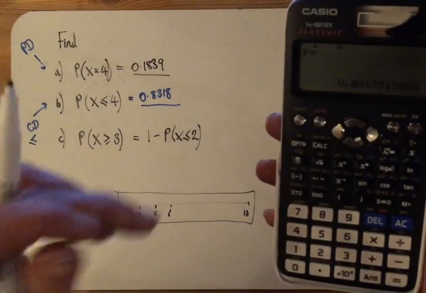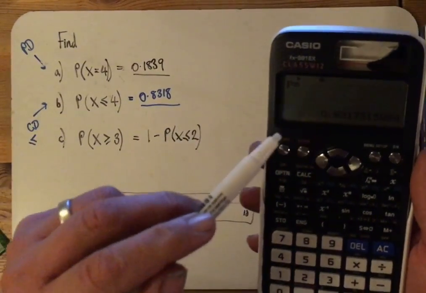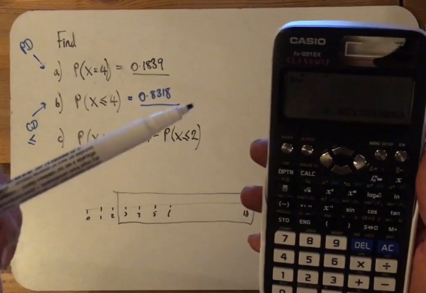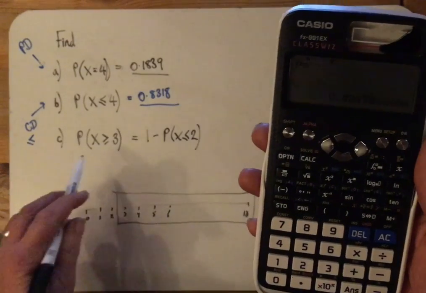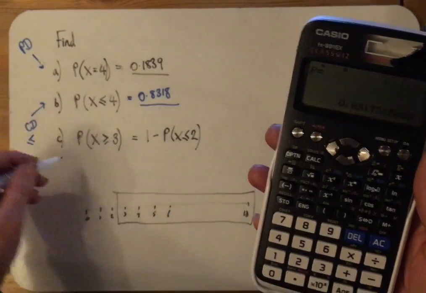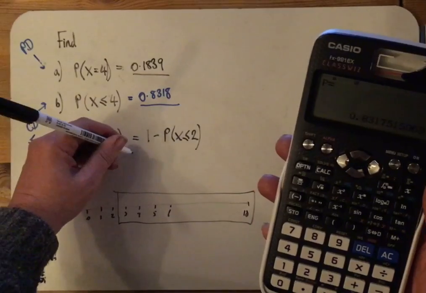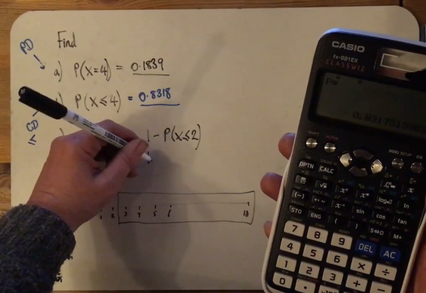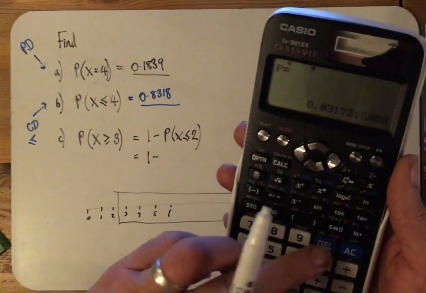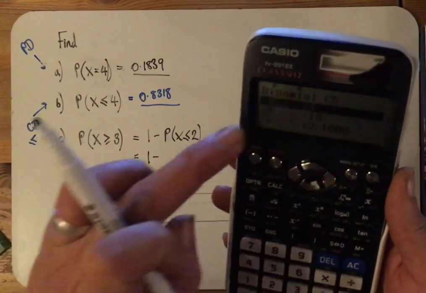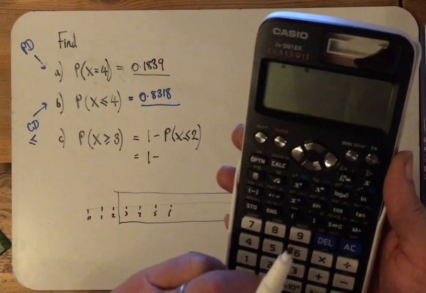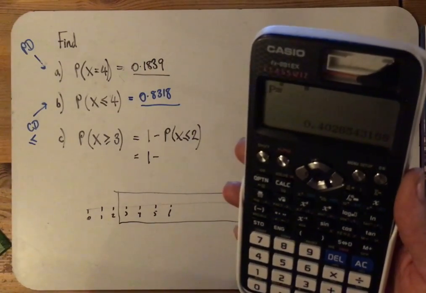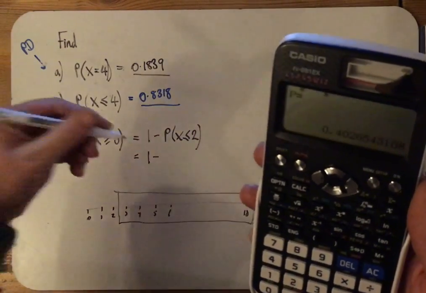Your CD, the cumulative distribution function on your calculator, only does less than or equal to probabilities on the binomial. So instead of using this one, I need to do 1 minus the probability of less than or equal to 2. So I am in binomial CD, and I just need to change that 4 to a 2. That gives you 0.4027.